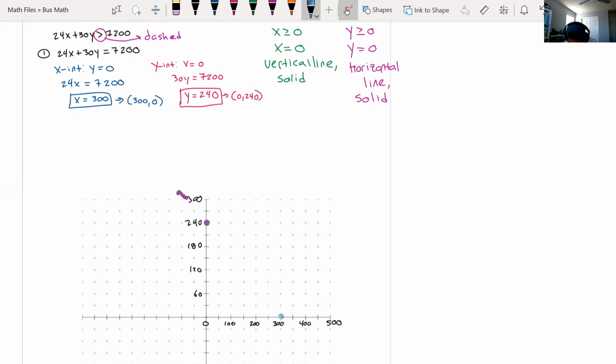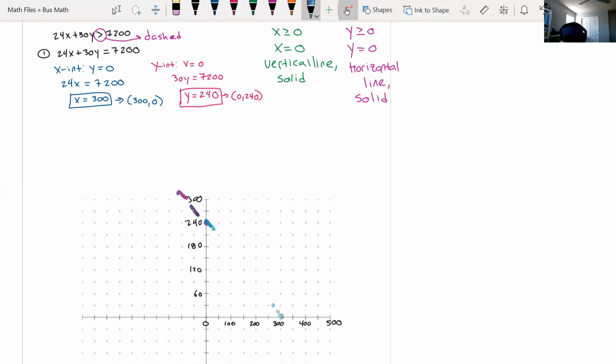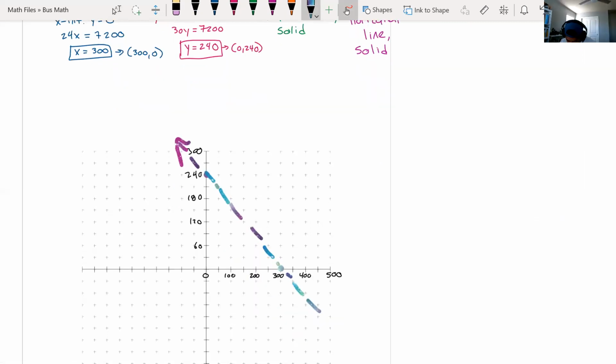Yeah. See if I can line that up perfectly. Okay, so there's our dash line.